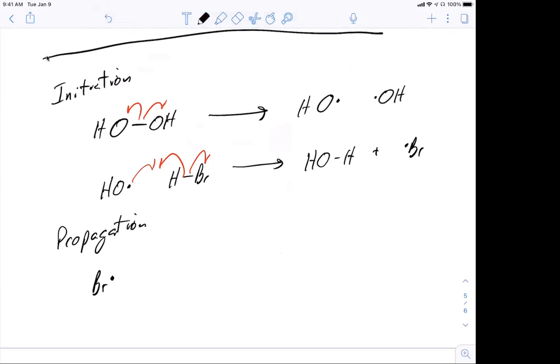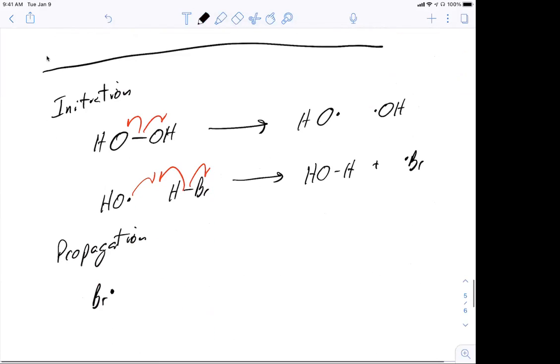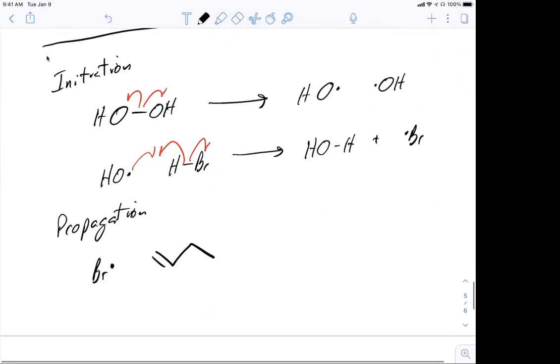Next step is propagation. So the Br radical will be formed, is going to react, and let me use the same reagent, but I'll turn it around. Now again, remember the reactivity or the stability of our radicals. So which is more stable, a primary radical or a secondary radical? Secondary radical, right?